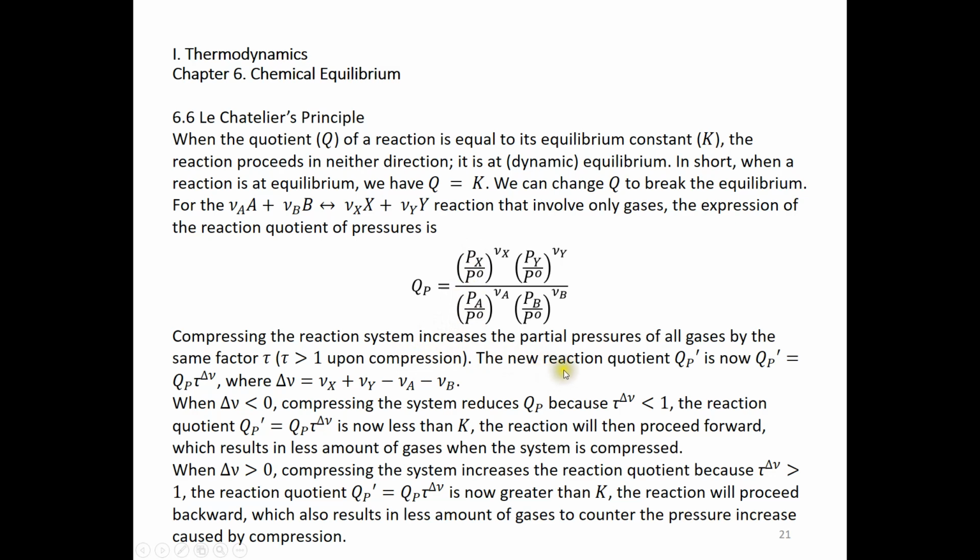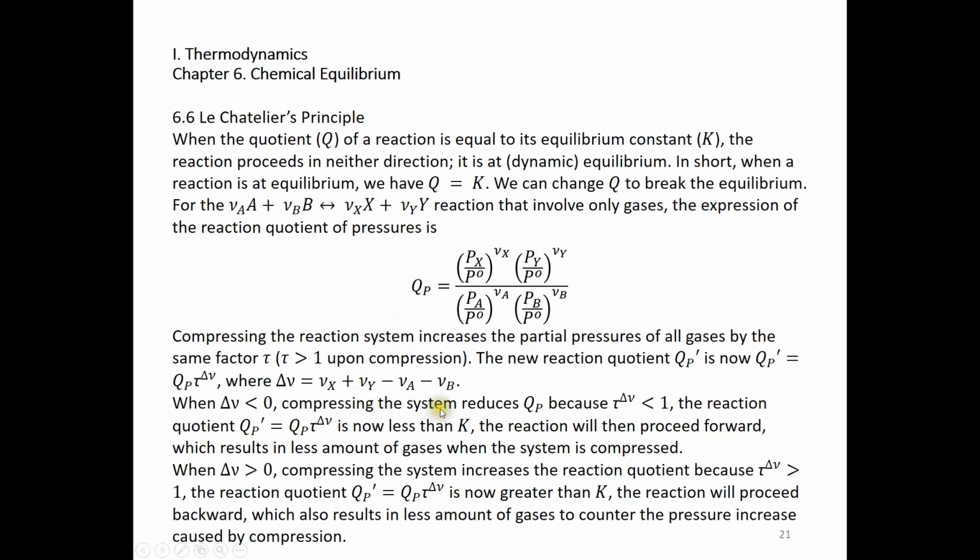Now we have a new reaction quotient, Q sub P prime. Q sub P prime is equal to Q sub P times tau to the power of delta nu. Delta nu is the change of the coefficients. Sometimes we have delta nu less than 0. That means we have more gases on the left, less gases on the right.